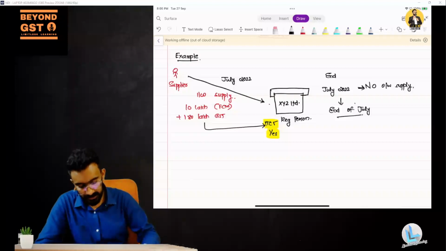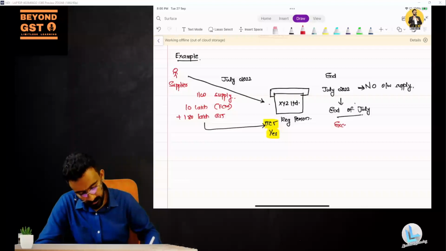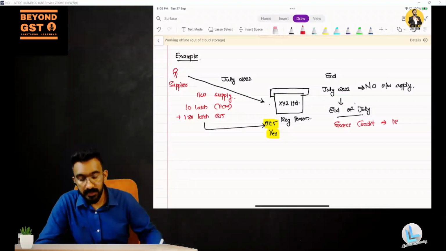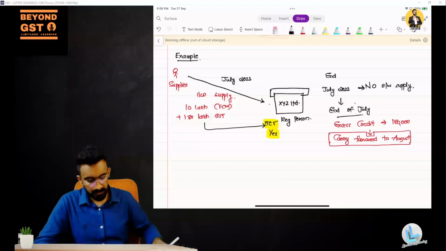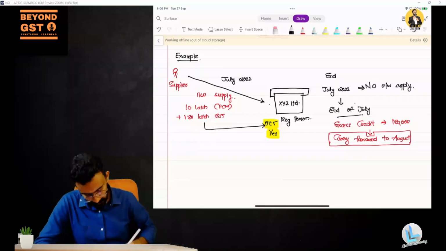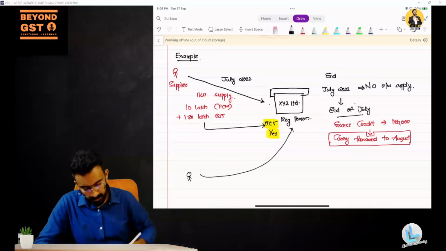They'll have excess credit of how much? 1,80,000, which they will carry forward to August. Right? Now, in August, they got a service from a GTA.